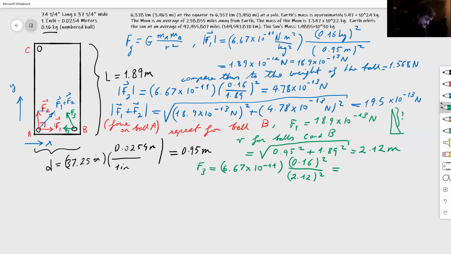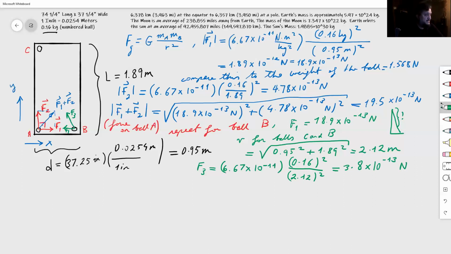So this is 3.799, 3.8 times 10 to the negative 13 again, newtons.